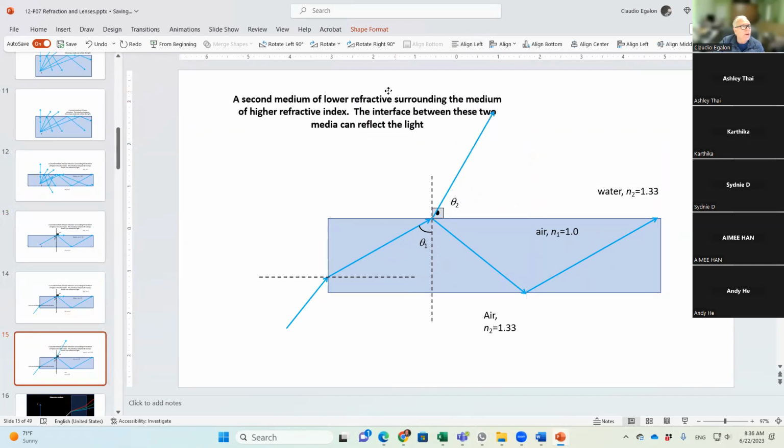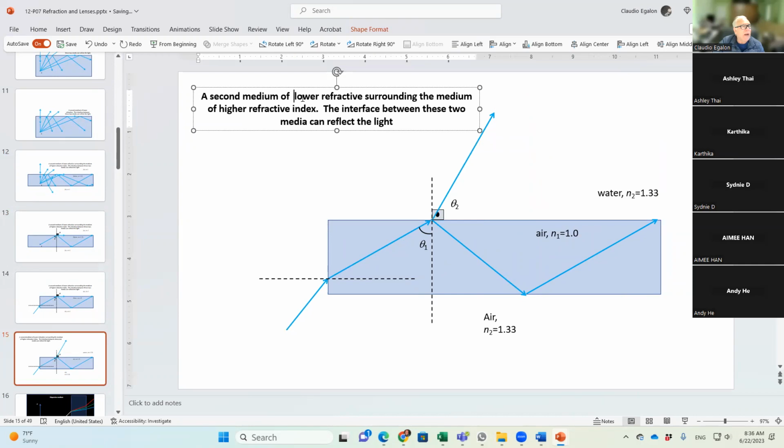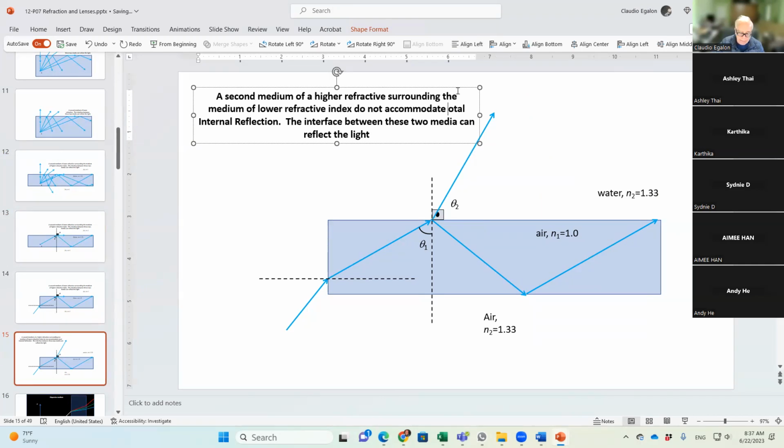A second medium with a higher refractive index surrounding the medium of lower refractive index does not accommodate total internal reflection, TIR we call it, total internal reflection.